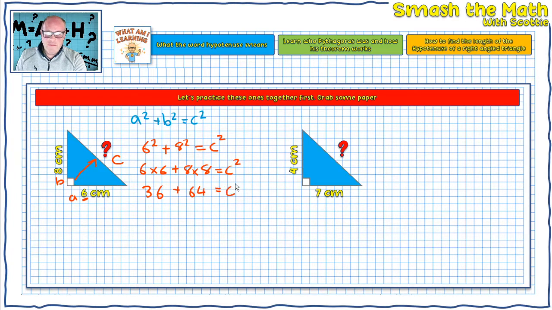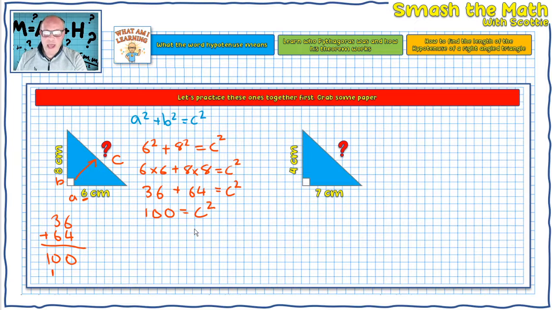If we add those together, we get C squared. So we can add those, so we've got 36 plus 64, 6 plus 4 is 10, carry our 1, 6 plus 3 is 9, don't forget our carry, that makes it 10, so we've got 100. Okay, so 100 is what C squared is equal to.